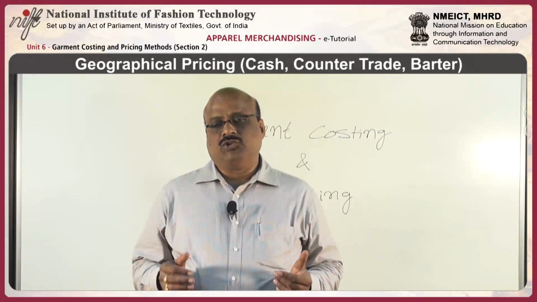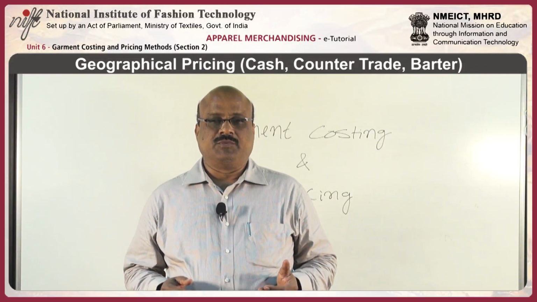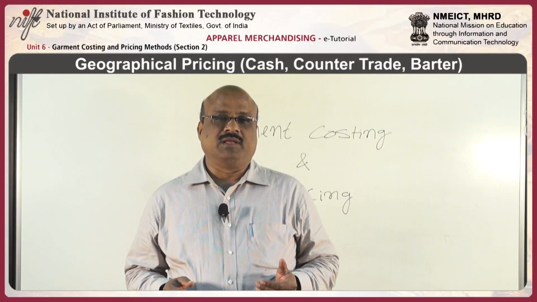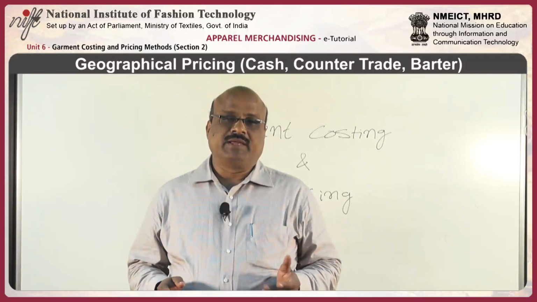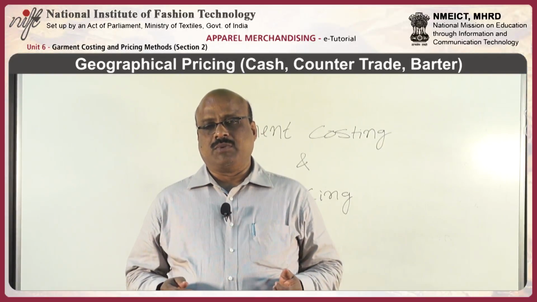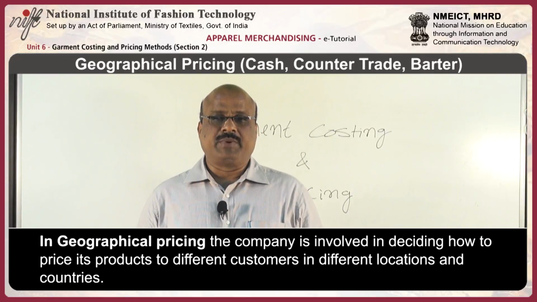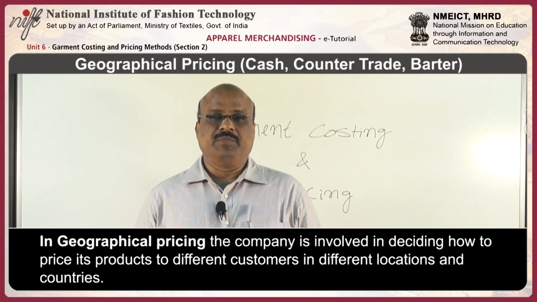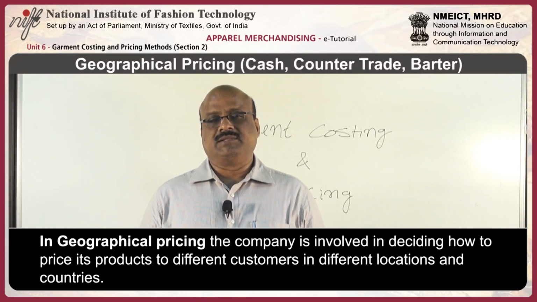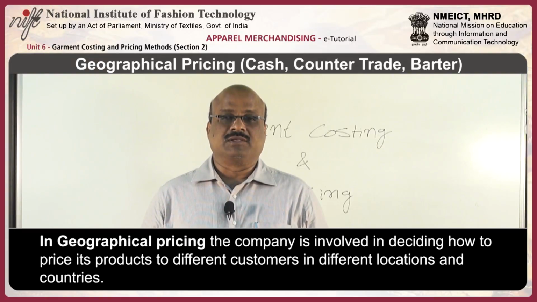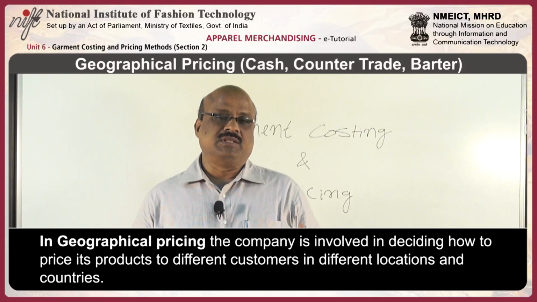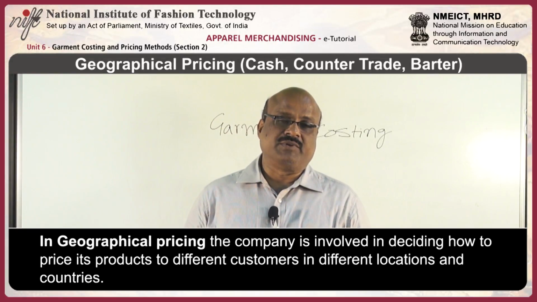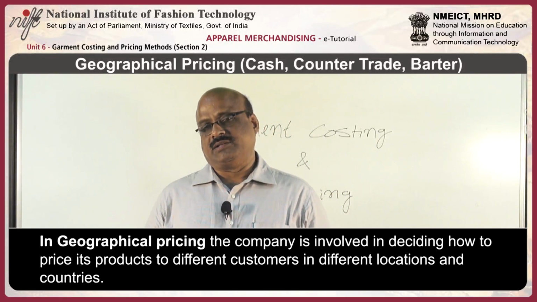The first thing is geographical pricing. It may be in cash or counter trade or barter. Geographical pricing involves the company deciding how to price its products to different customers in different locations in the countries.